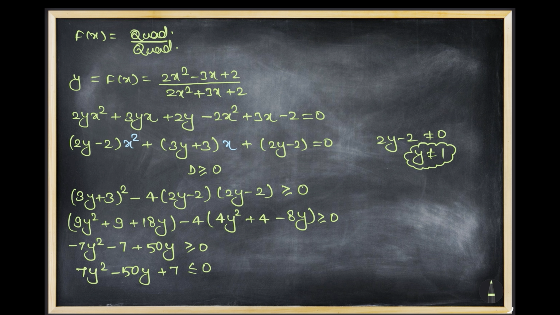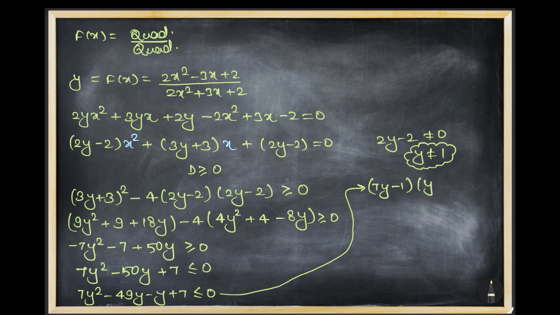Okay. Now we have to do the factorization. So can I write 7y square minus 49y minus y plus 7 less than or equal to 0. So I will write 7y common, minus 1 common: (7y minus 1)(y minus 7) less than or equal to 0.